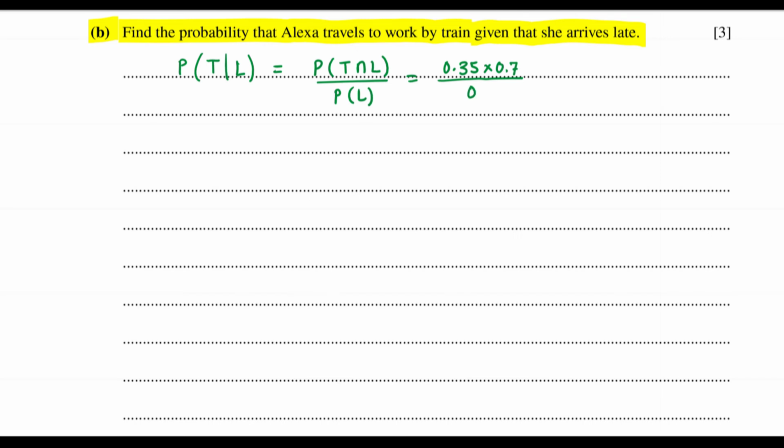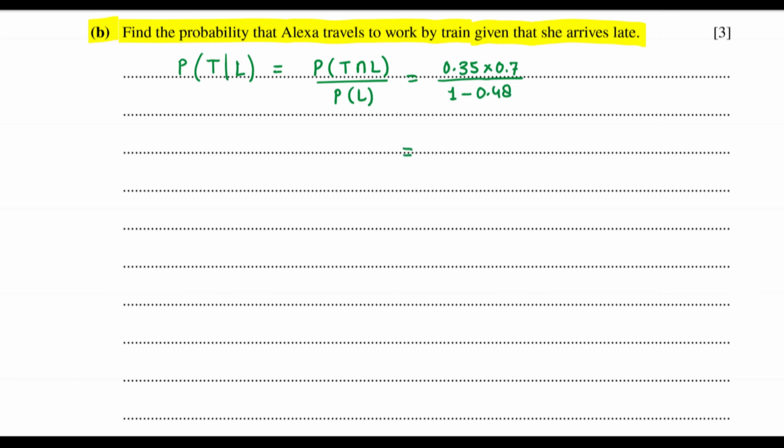It is 0.48 for not being late, it was given in the question. So late is going to be 1 minus 0.48.